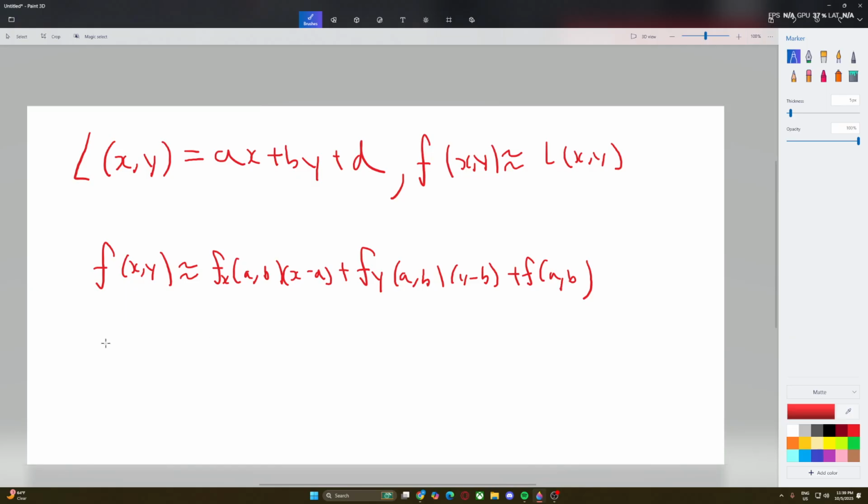And here comes the increment of y. Changing y is called the increment of y.